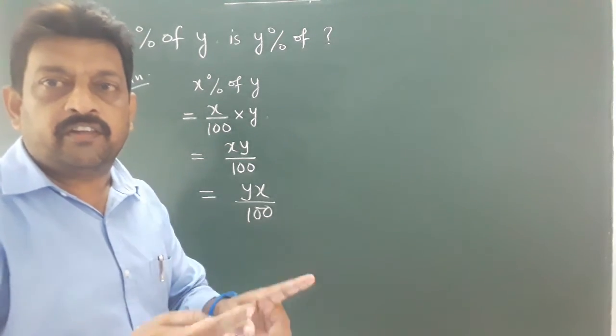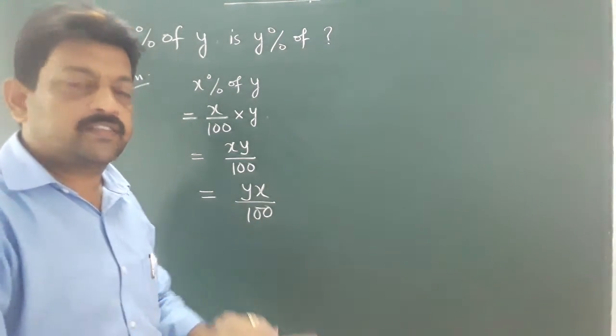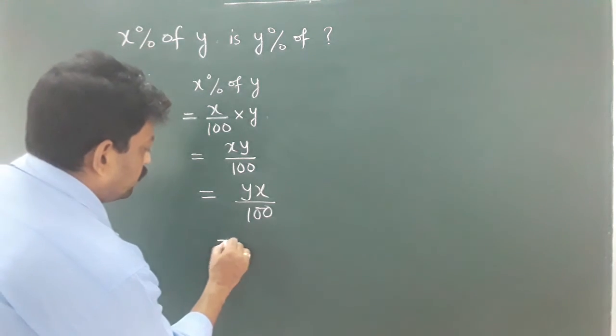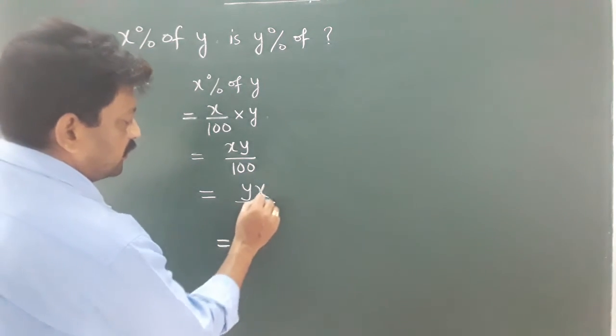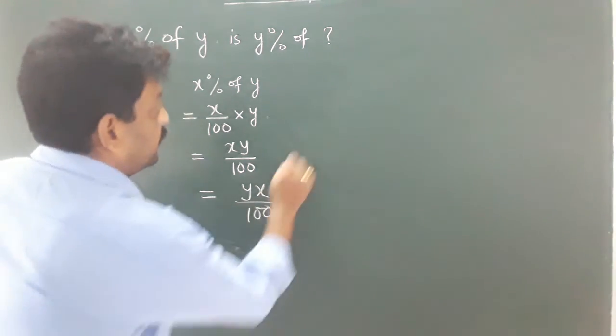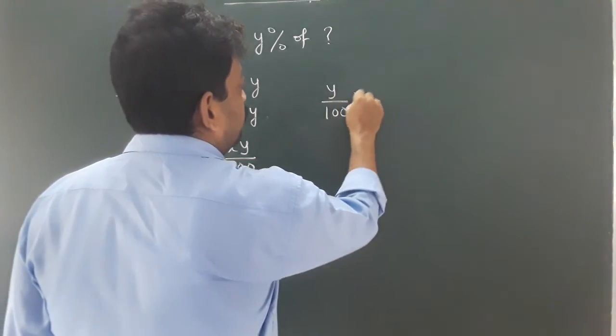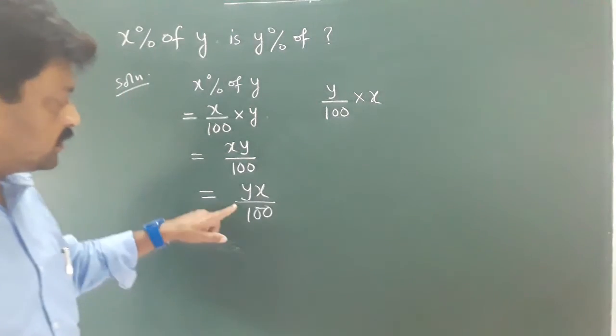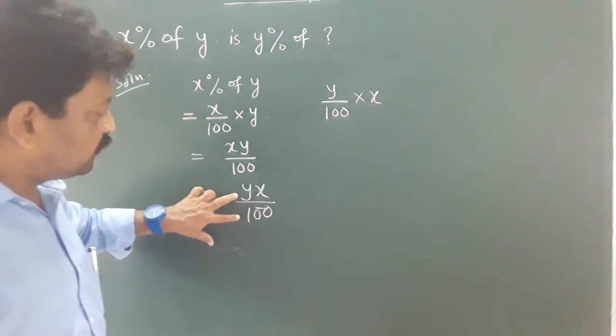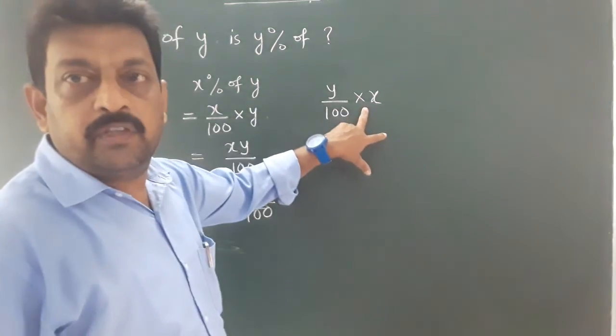It can be written in any order, the product remains same. Now this yx upon 100 we can write as y upon 100 multiplied with x.